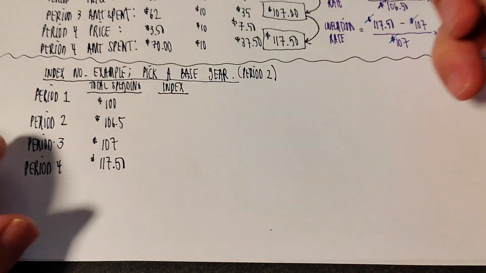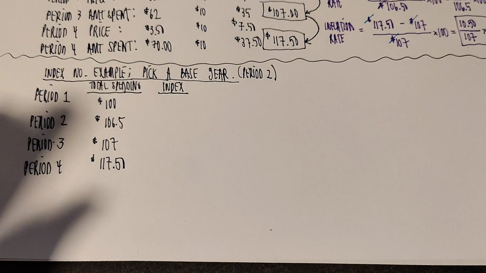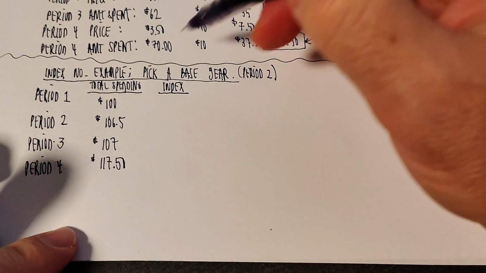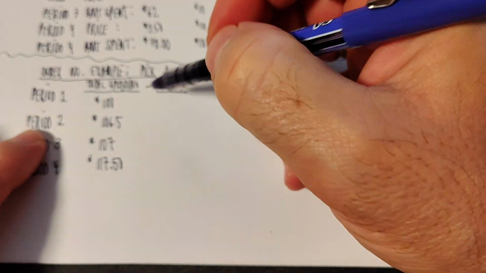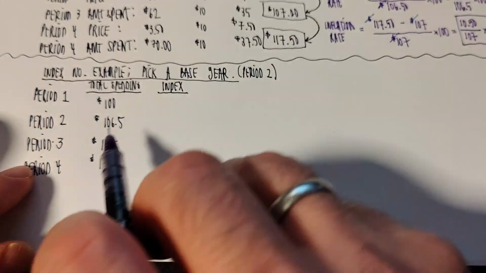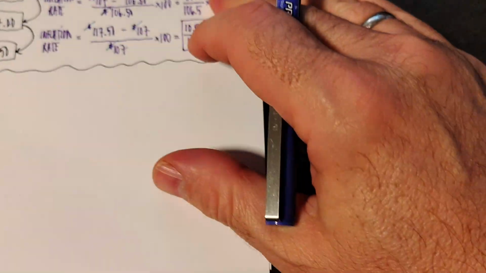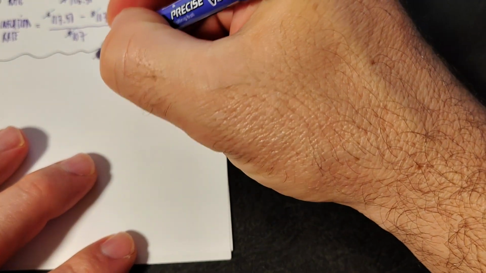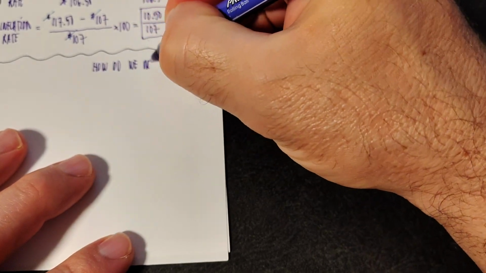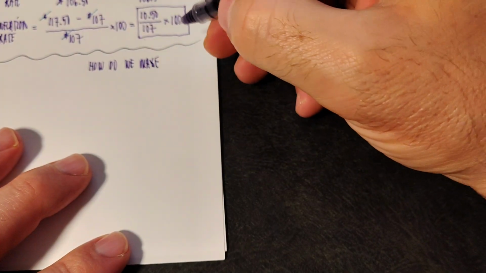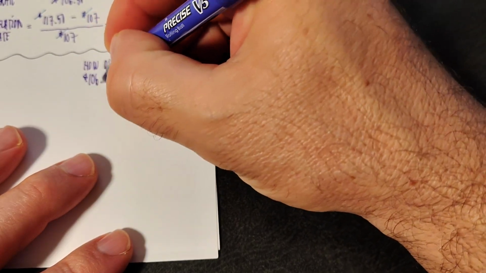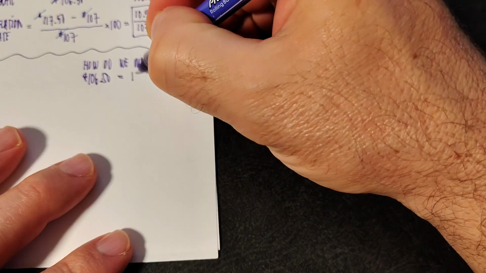So the idea here is, I don't know if you remember this in lecture, but for whichever year we picked as our base year, so this is period 2, we have to make this somehow equal to 100, right? So here's a quick sort of a trick here. So how do we make $106.50 equal to the number 100?